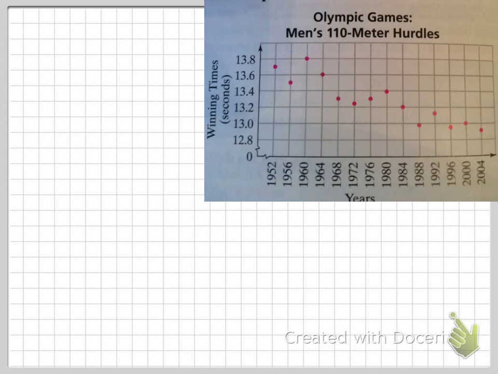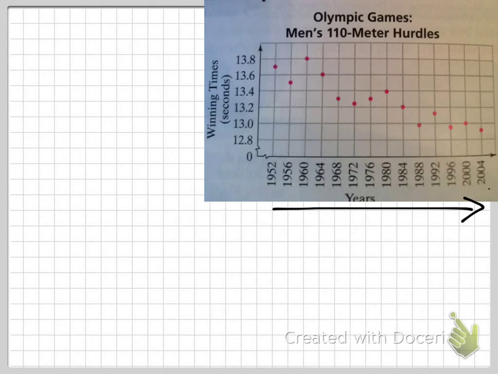So we're going to look at some examples here. We're going to see if we can find a trend. Looking at this scatter plot, does it have a positive, negative, or no correlation? Looking at the years here, we're going from 1952 up to 2004.